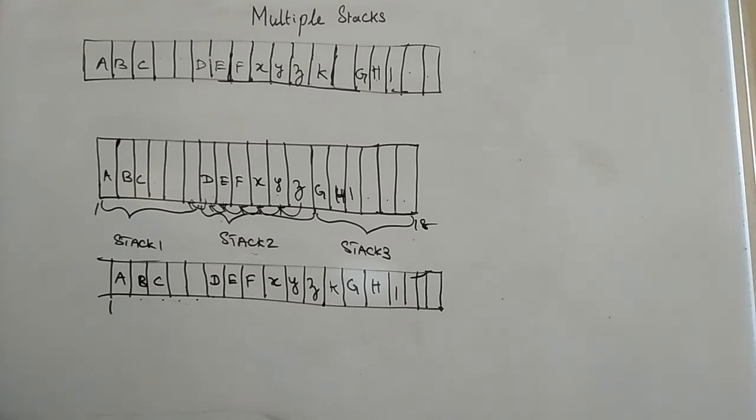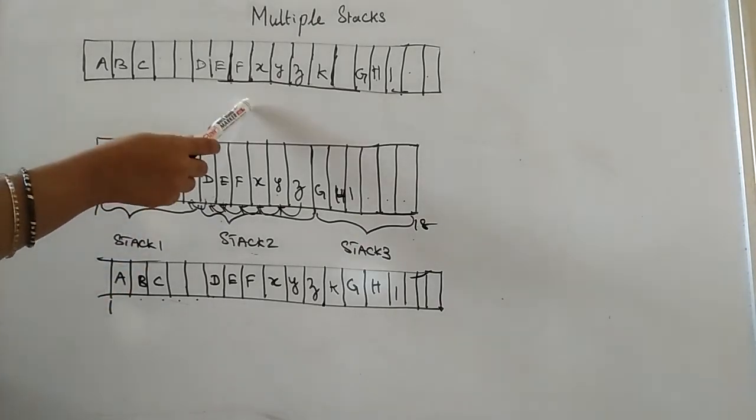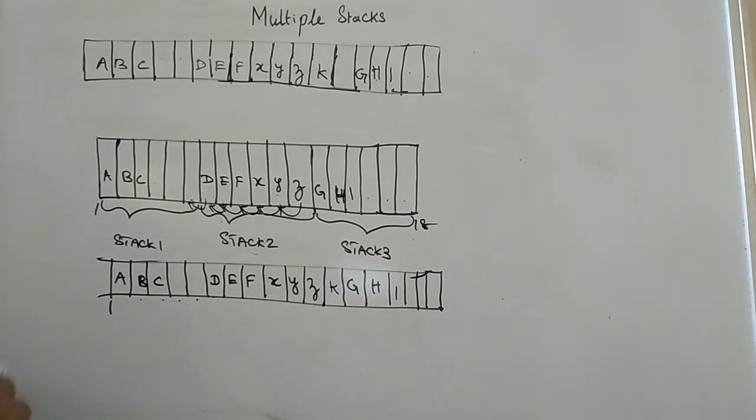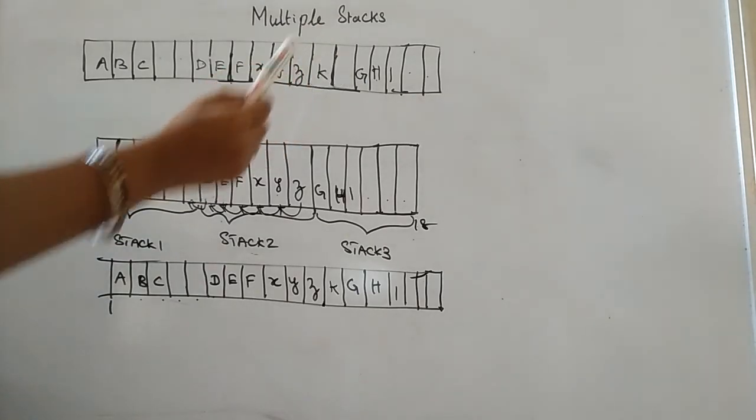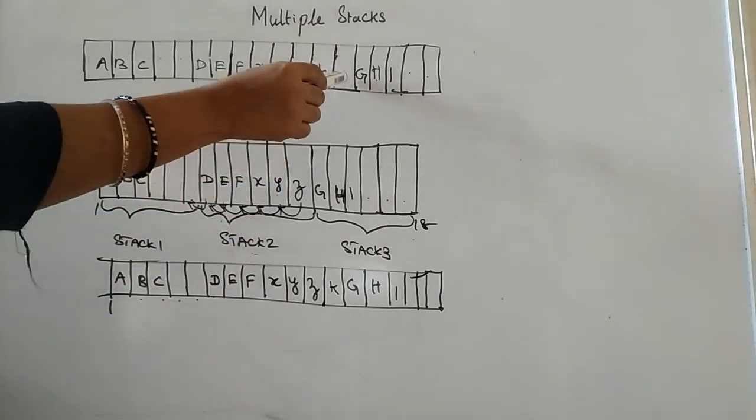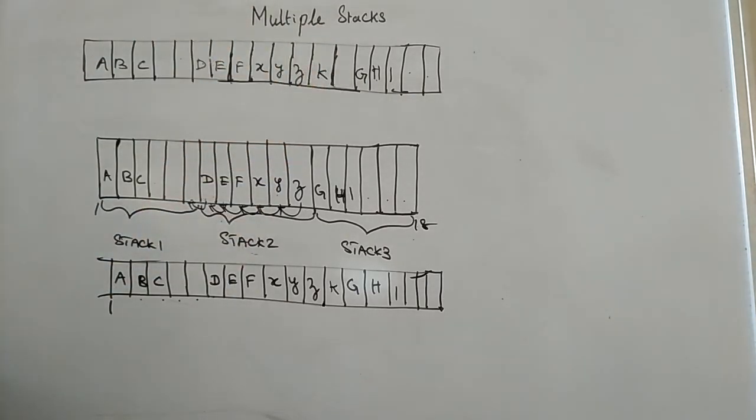In order to overcome that, we are going to create empty spaces in the array to resolve the overflow problem. We may shift the elements either towards the left or towards the right, so as to create space for the new element to be pushed in, right?